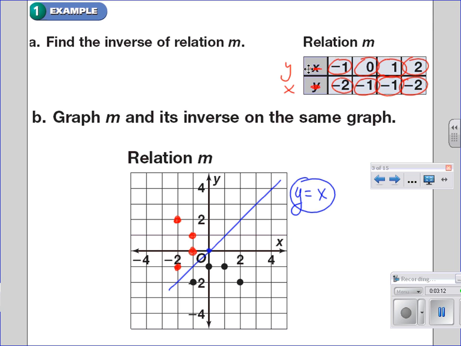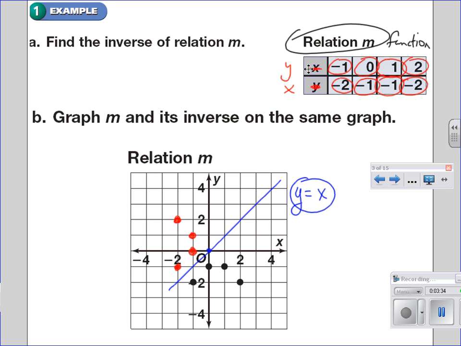So we'll see, if you look at this now, on the vertical line test, the original, which are the black dots, that definitely passes the vertical line test. So the original relation was a function. But when I switch the x's and y's, I get my red dots.